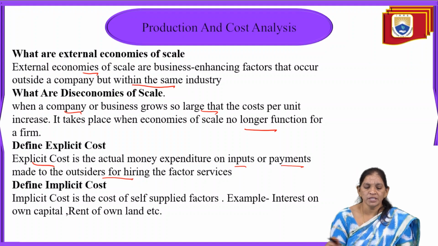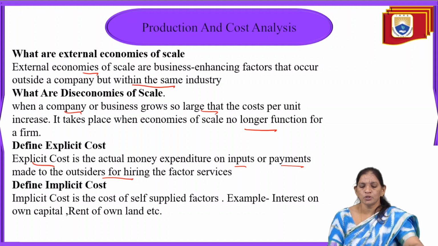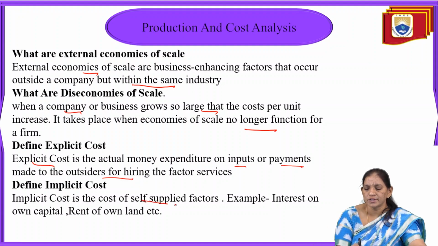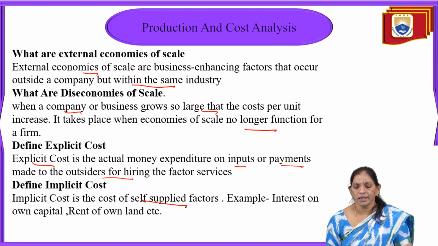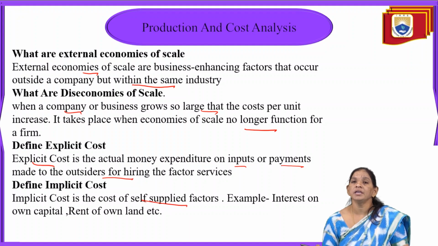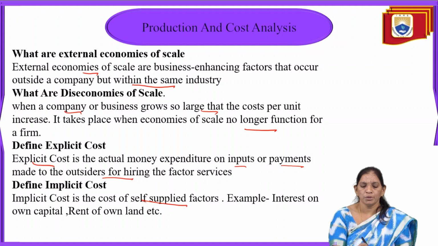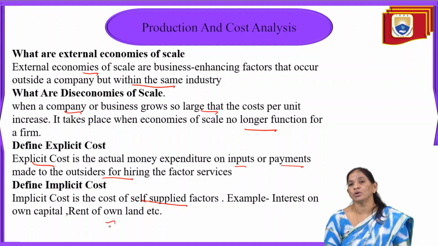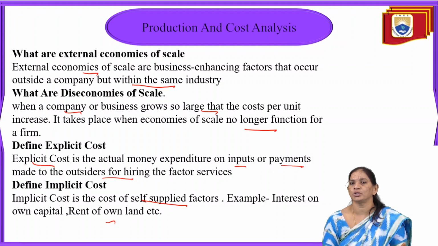Next, implicit cost. Implicit cost is the cost of self-supplied factors, the expenses incurred internally in the organization, like the interest upon the capital, maybe rent on own land. Why? Because in financial management or accounting, in any organization, everything has to be identified, measured and analyzed.